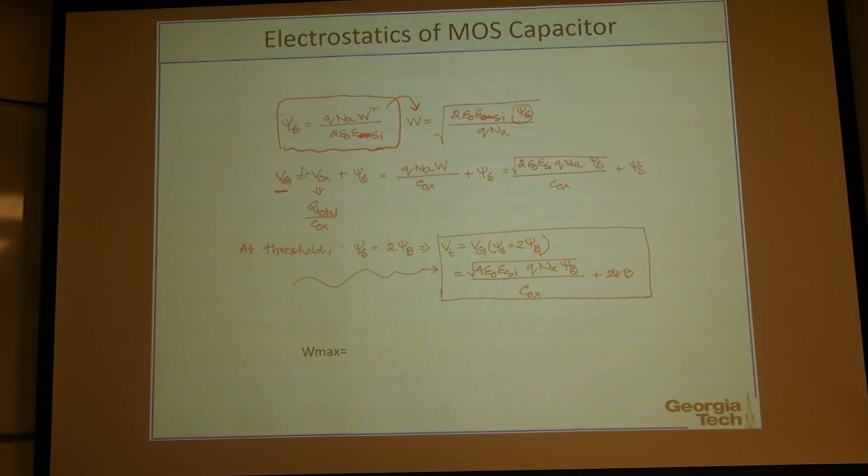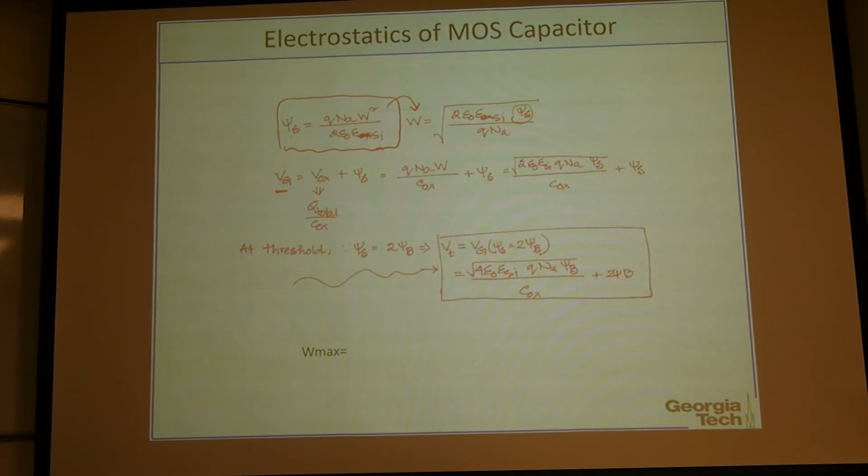One is the voltage drop on the oxide. One is the voltage drop on the semiconductor. So it's this VOX plus this phi s. And what is VOX? VOX will be the Q total over the COX, because the charge over the capacitance will give you the voltage.